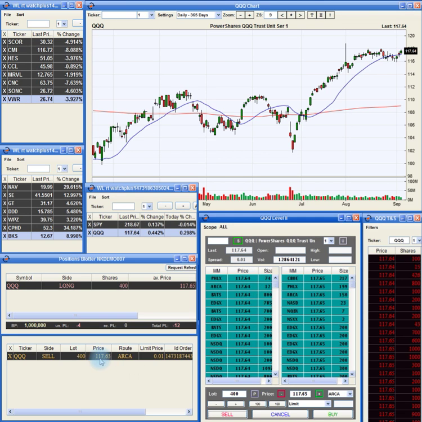So if it hits 117.63, I'm going to be out. But if it moves higher, if it goes to 66 like it's doing here, or 67, 68, my stop will trail it. It will always be 2 pennies below the price here, below that trailing price, basically.